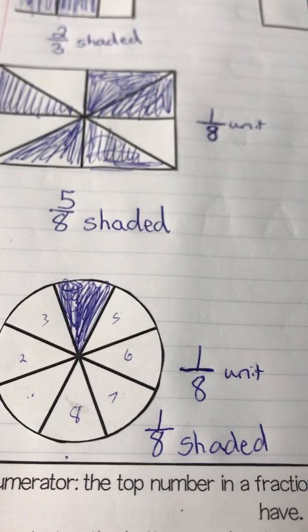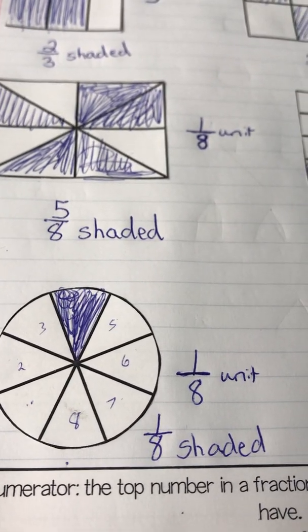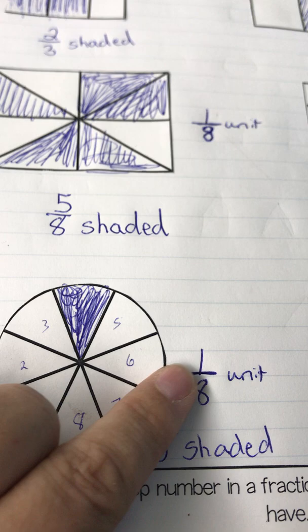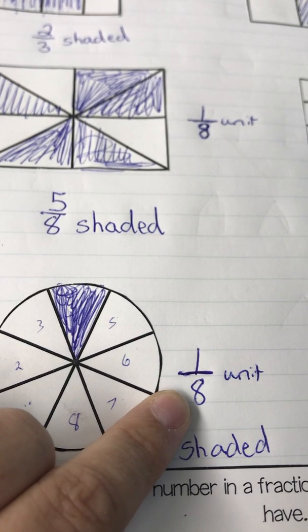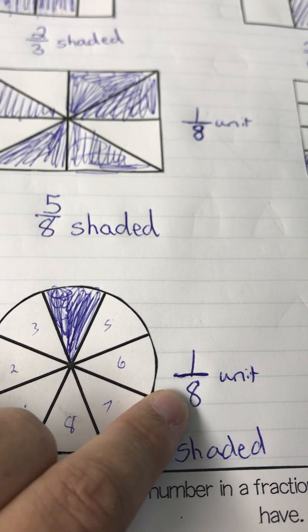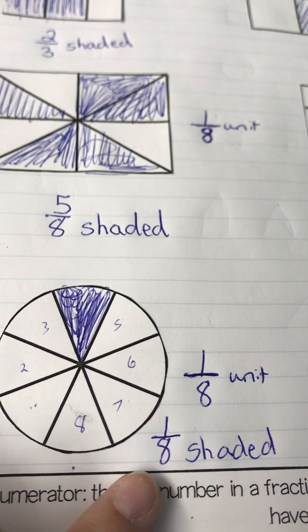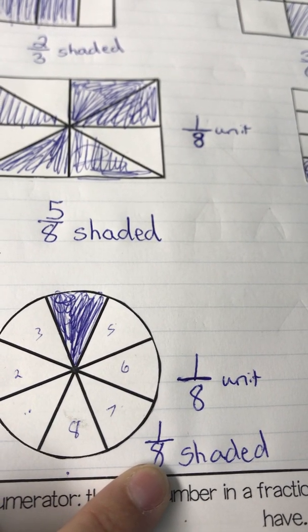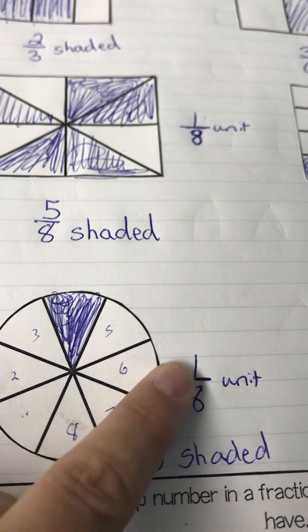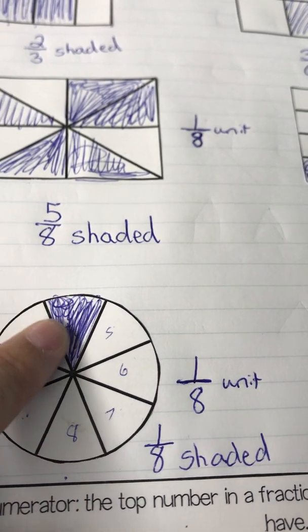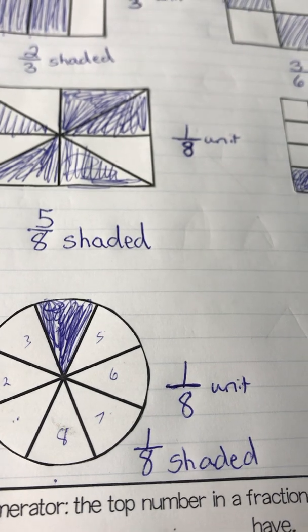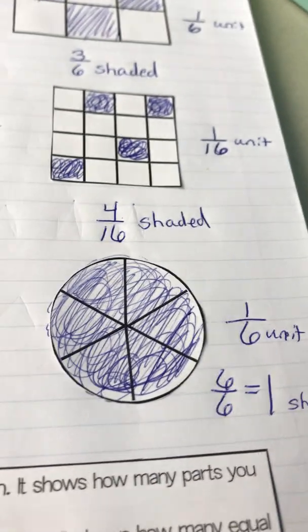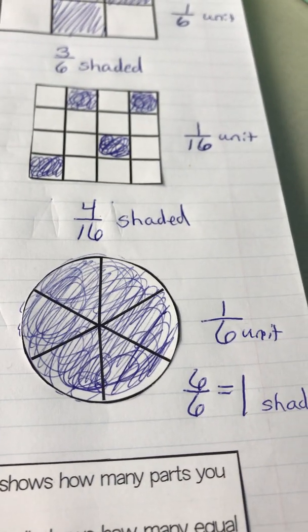You had 2 circles. This circle was divided into 8 unit fractions, so my unit fraction is 1/8. Unit means 1, 8 total pieces, 1/8. I shaded 1, so also my shaded fraction is 1/8. So they match this time because only 1 piece was shaded. And the last circle was divided into 6 total pieces.